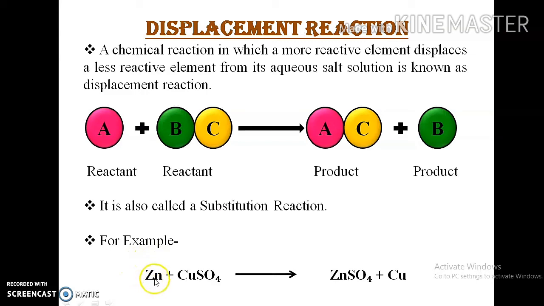Say for example, when zinc is reacted with copper sulfate, zinc displaces copper because zinc is more reactive than copper. So zinc displaces copper and forms zinc sulfate, and copper becomes a side product.